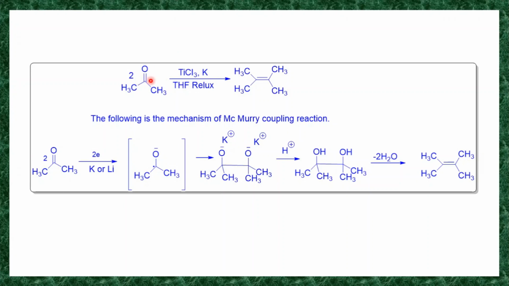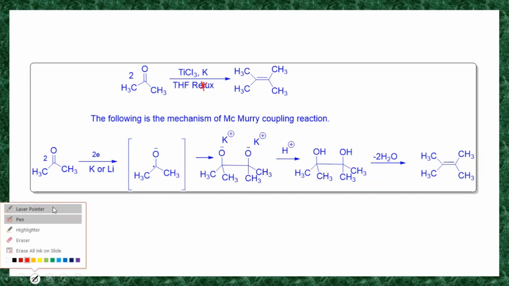We take two molecules of acetone, with titanium trichloride, TiCl3, potassium metal, THF, tetrahydrofuran, and reflux, and you will get this alkene as a product. This is an example of the McMurry coupling reaction.